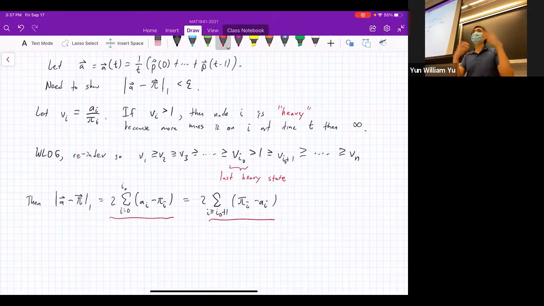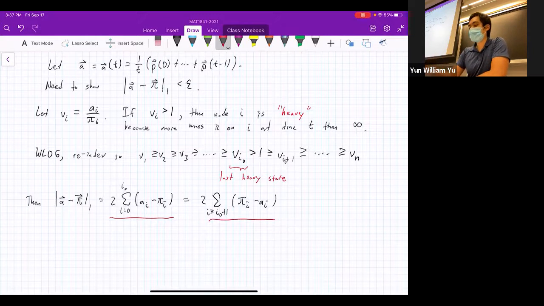And so the total one norm difference for a to pi is going to be the mass of the heavy states plus the mass of the light states, but the mass of the heavy states is equal to negative the mass of the lights, the missing mass in the light states. And so it's equal to 2 times the extra mass in the heavy states, or equal to 2 times the missing mass in the light states.